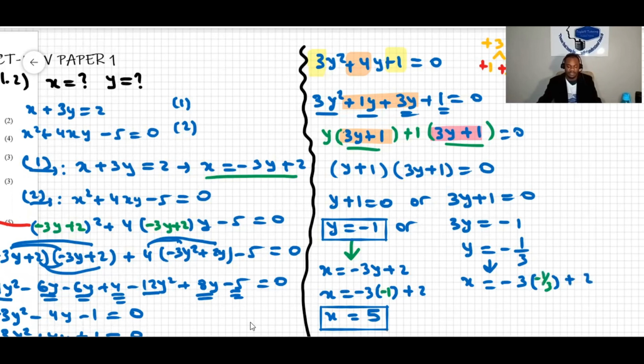And then that means x will be equal to positive 1 plus 2, and then x is equal to 3. So we say when y equals negative a third, x equals positive 3. Thank you.